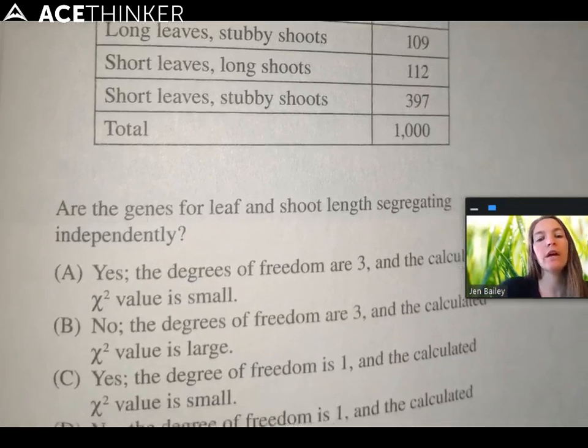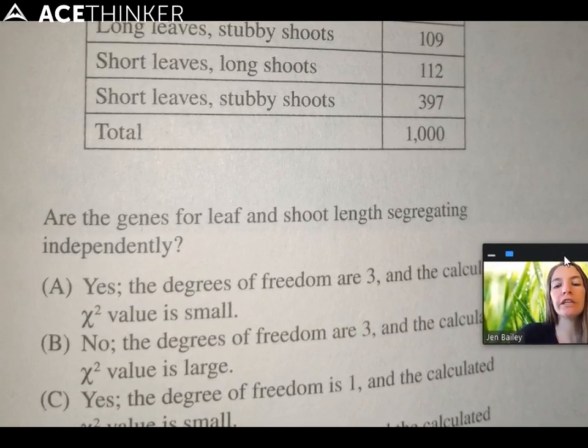It says, are the genes for leaf and shoot length segregating independently? I think it's important to mention that the law of independent segregation states that alleles sort independently of one another. Now, this is often violated, as we see now in modern genetics. With our modern technology, we can see this.